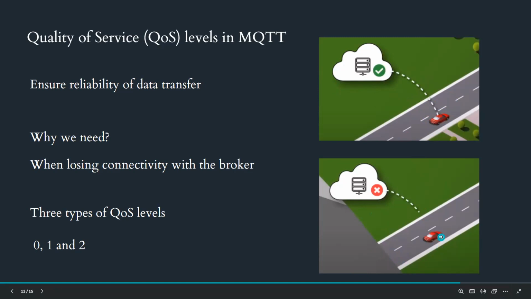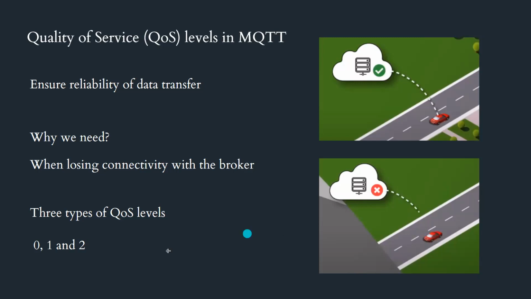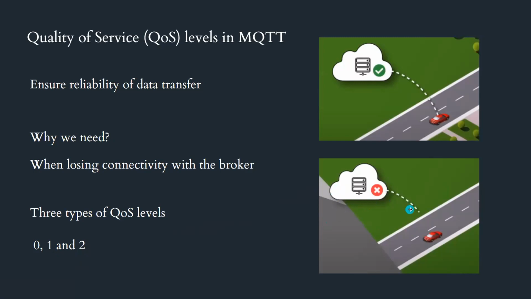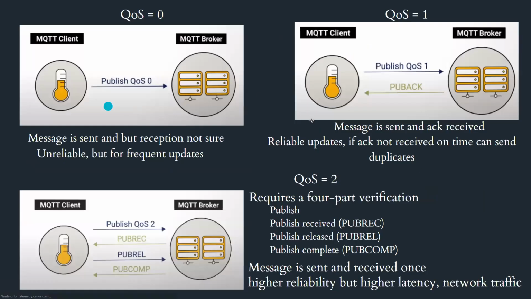In such a case, to ensure that we do not lose any important data, we define these three types of QoS levels, which we discussed in the last class. There are QoS level 0, QoS level 1, and QoS level 2.